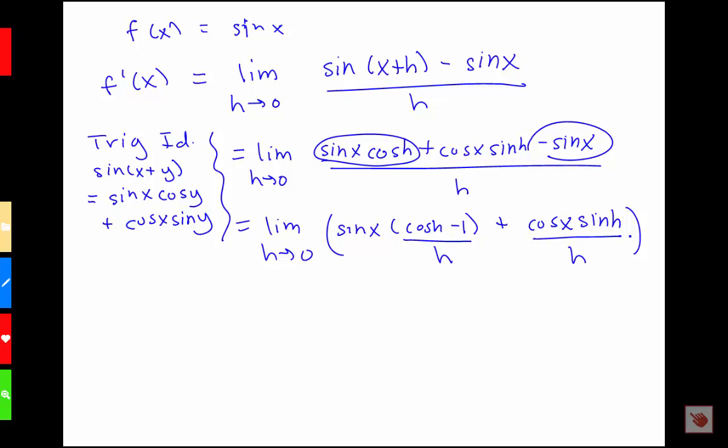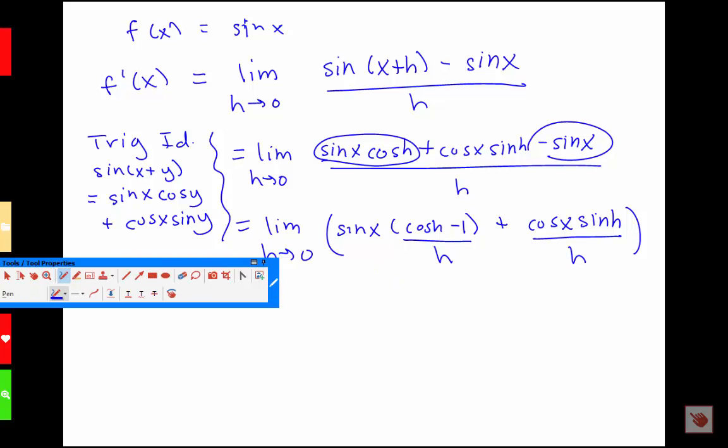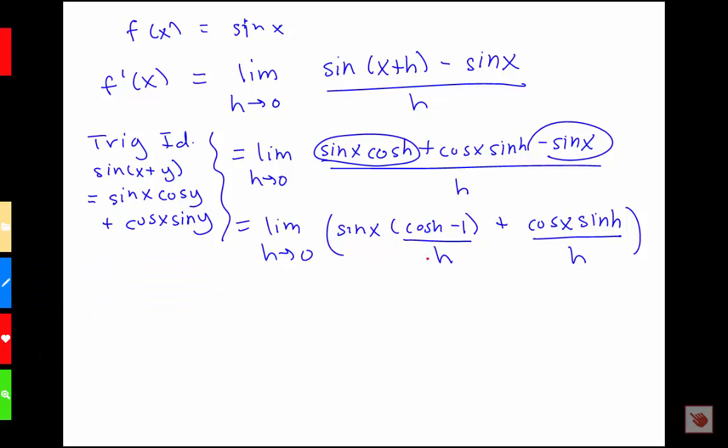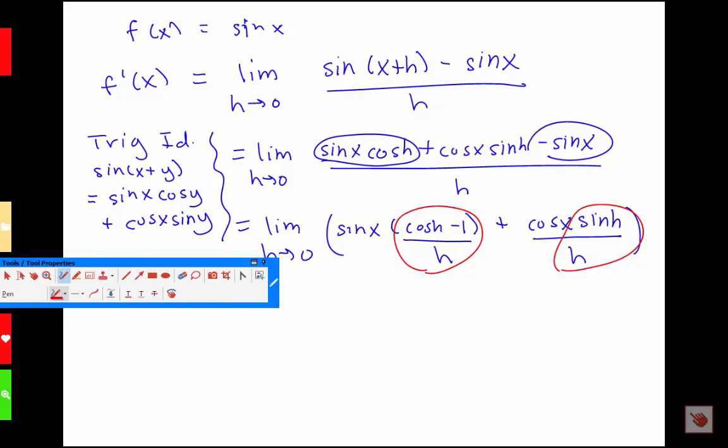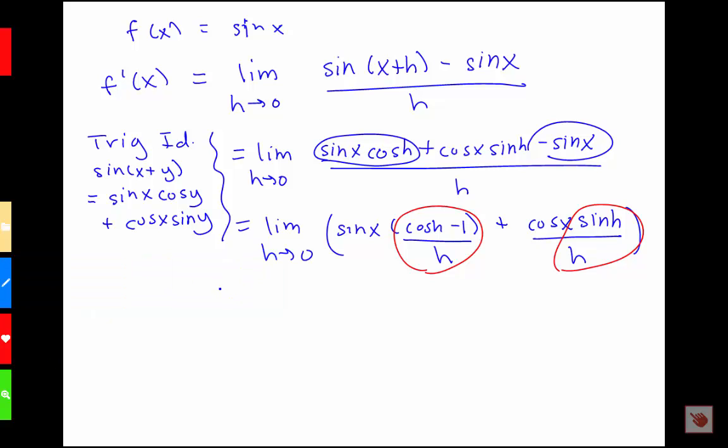And what we see is that this limit really relies on knowing what the limit as h goes to 0 of cosine h minus 1 over h is, and what sine h over h as h goes to 0 is. So we're going to take a little closer look at those limits. Notice that this limit as h goes to 0 only affects things that have h in them.